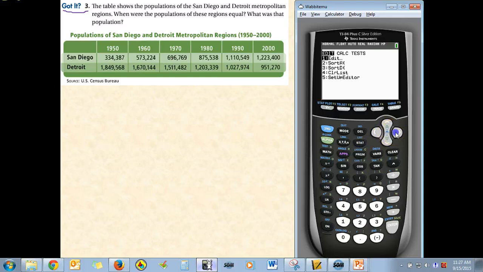Then we can do the linear regression for L1 and L2. So I just need to change this to L2. And I'm going to save that as y1. So now I have my 2 regression equations here.